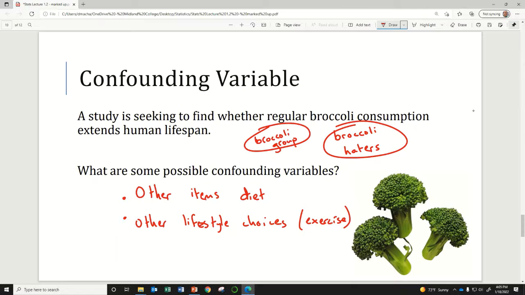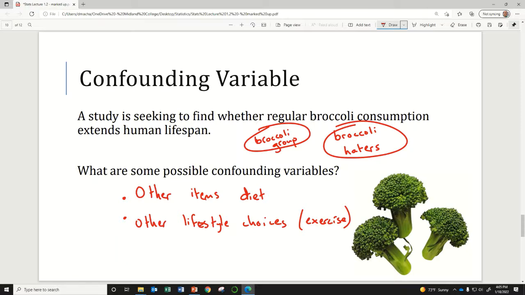Now, the confounding variables here are other items in the diet, because if you have a group of people that likes to eat broccoli or is motivated to eat broccoli, I bet the rest of the things in their diet are also healthy, right? They're more likely to eat maybe fish and grilled chicken versus fried chicken or steak. And maybe if you're committed enough to your health to eat broccoli on a regular basis, maybe you also exercise on a regular basis.